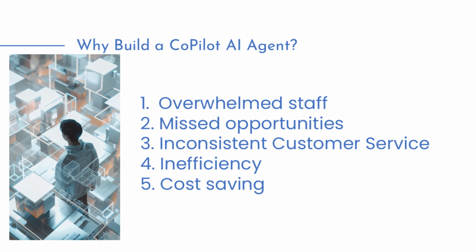We've also obviously looked at things like inefficiency, so repeating the same information over and over again, like what's the product name, where are you located? It steals valuable time from your team. The Copilot agent solution is really just a dedicated, tireless virtual front of house employee. It could even be a back office employee.